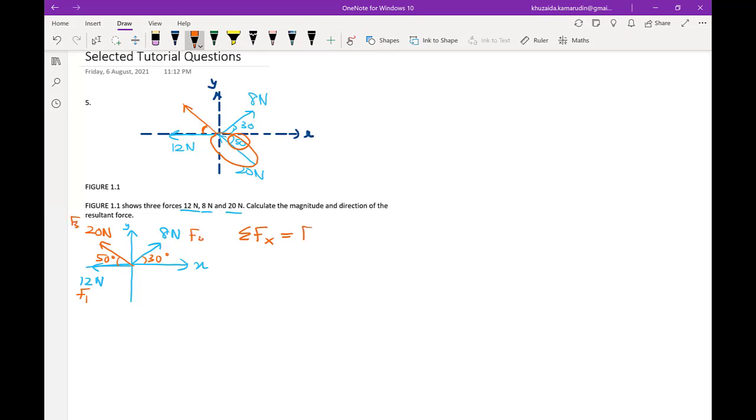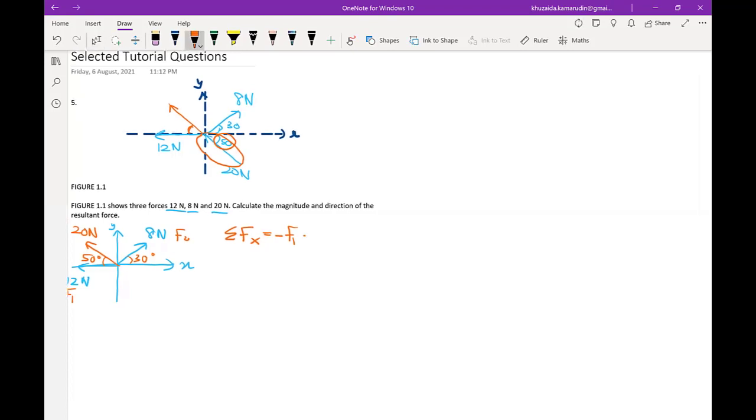So we have F1. Since F1 is exactly at x component, we don't have to resolve, so letakkan sahaja. But it's negative lah because the direction is to the left. And then F2, we have plus F2 cos 30 degrees. So ni Fx untuk number 2.